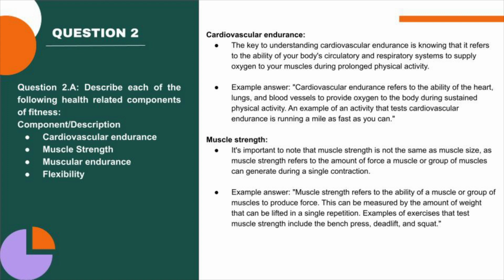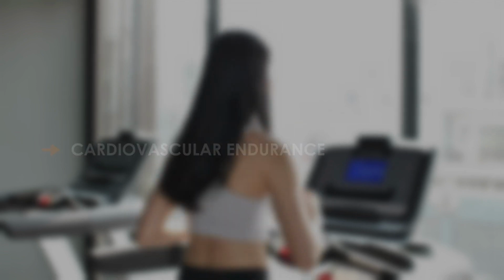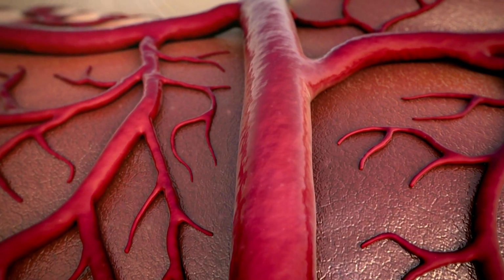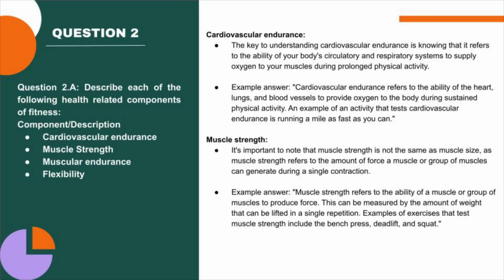So if we have a quick look at each one of them specifically, cardiovascular endurance refers to the heart, lungs, blood vessels, or the respiratory circulatory system's ability to deliver oxygen and nutrients to the muscles during prolonged activities. It can be measured doing things like the beep test, and we're really assessing the client's ability to maintain aerobic exercise over time.